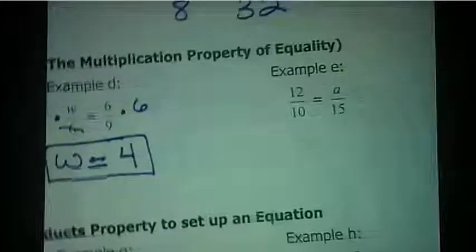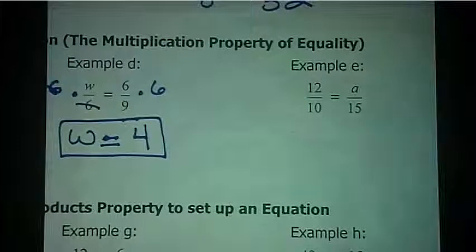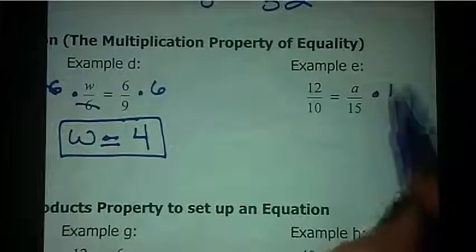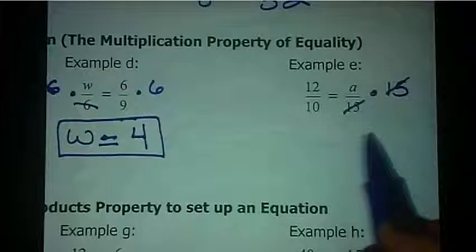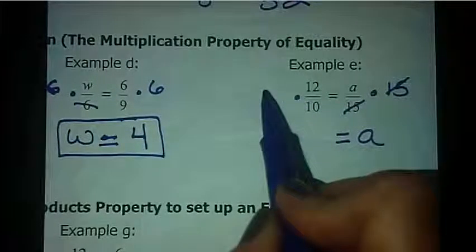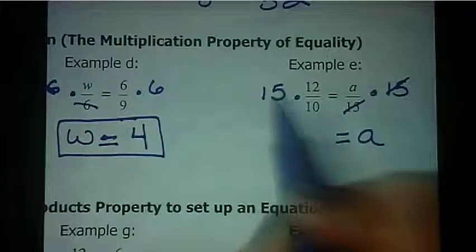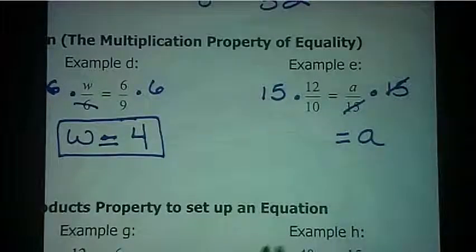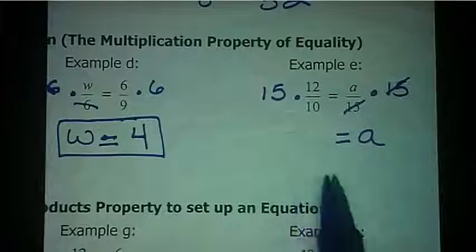Last one like this. We want to get rid of this 15, so we're going to multiply everything by 15. So I'm left with just an A. Over here, I'm going to multiply the other side by 15. Do your math. Do what you need to do. Of course, this is the one that I didn't work out.